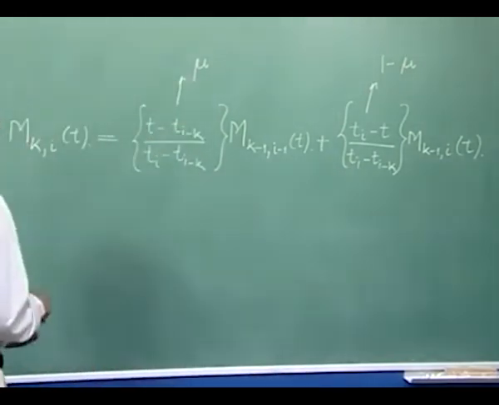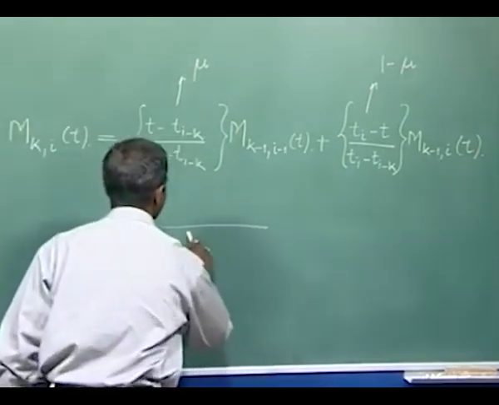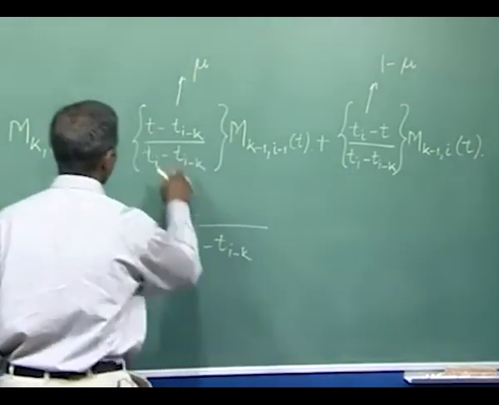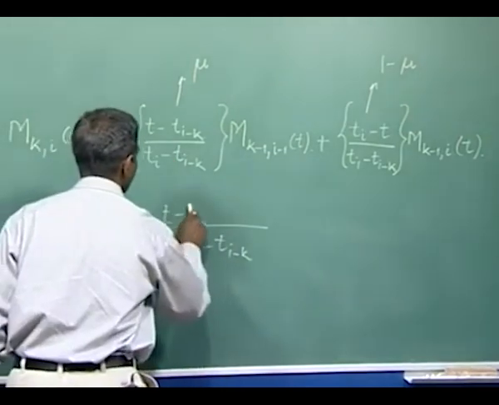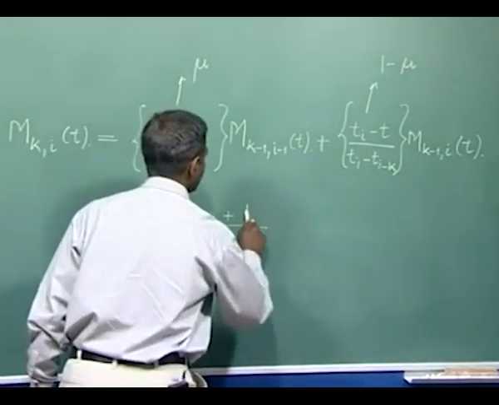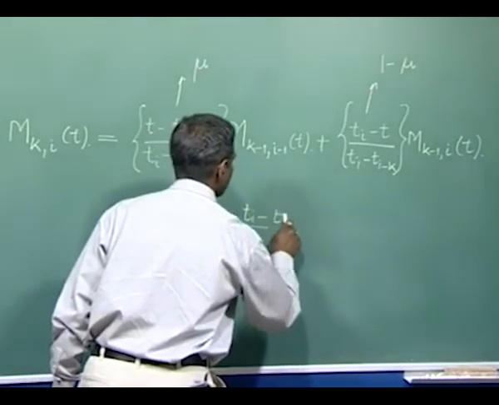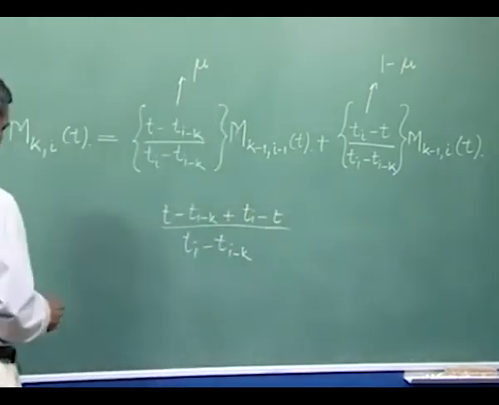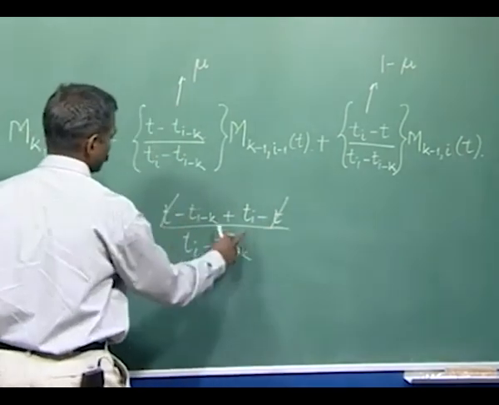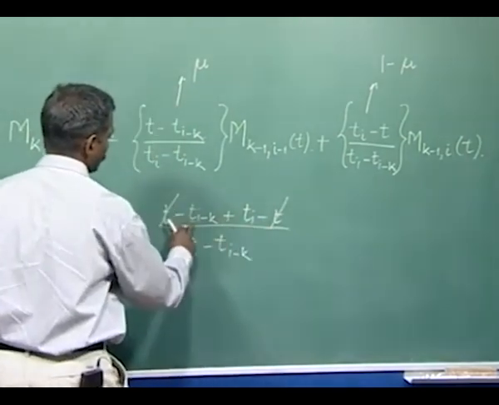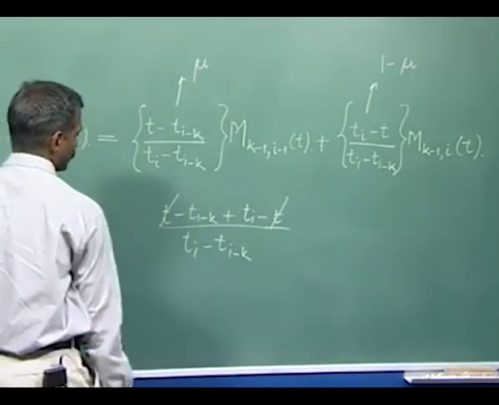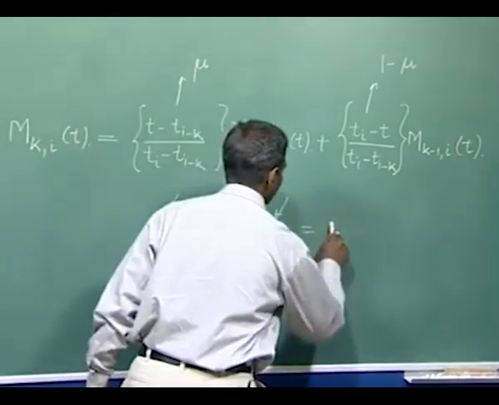So we have the common denominator t_i minus t_{i-k}. Here we have t minus t_{i-k} plus t_i minus t. These two t's cancel out, so we have in the numerator t_i minus t_{i-k}, which cancels with the denominator to give the result as 1.